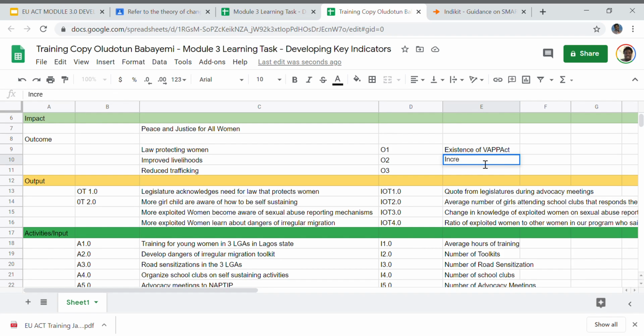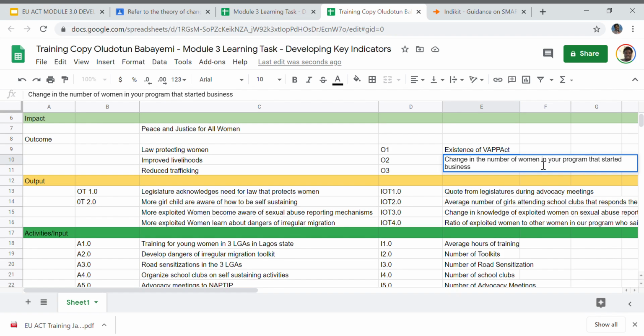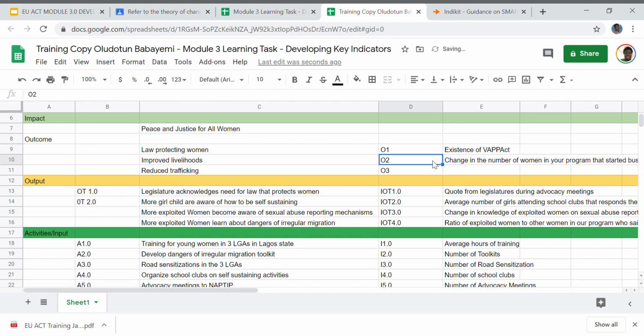So this will also be number of women in, oh, let's do this. Change in the number of women that started business, number of women in your program that started businesses, right?